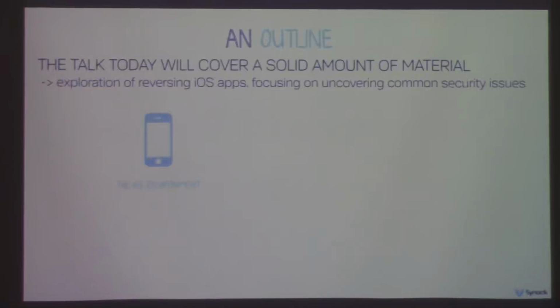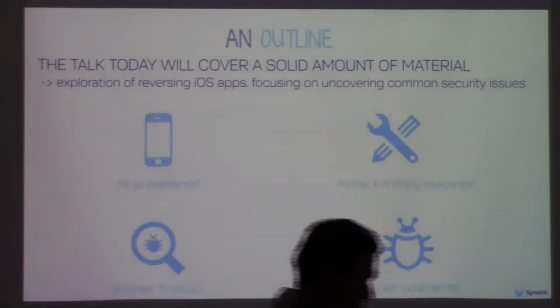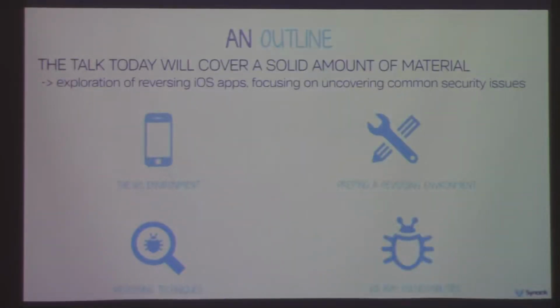All right, so today we're going to learn how to reverse engineer iOS apps with a focus on finding security and privacy vulnerabilities. So what I'm going to be talking about today, we're going to start off with a brief technical overview of the environment that iOS apps execute within. We're then going to be talking about getting the right tools for the job and then how to prepare iOS apps for analysis.